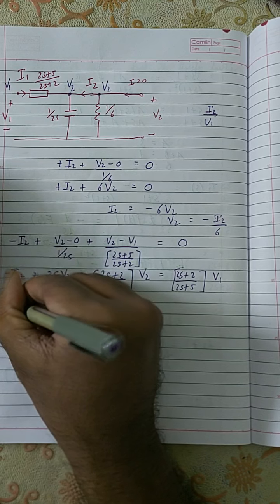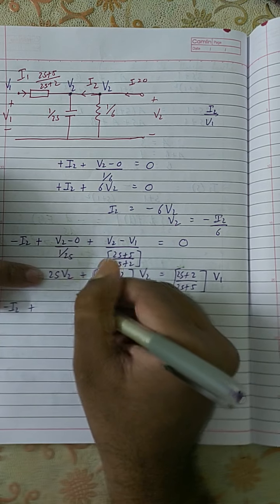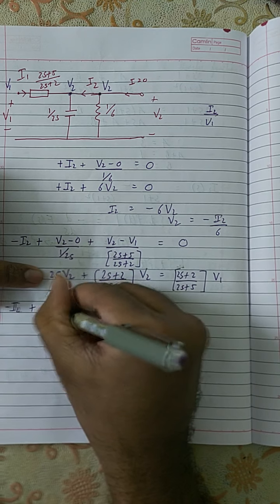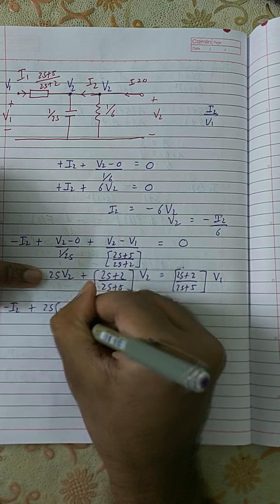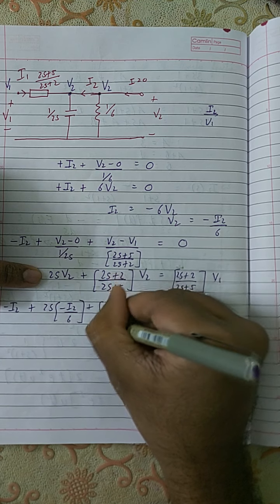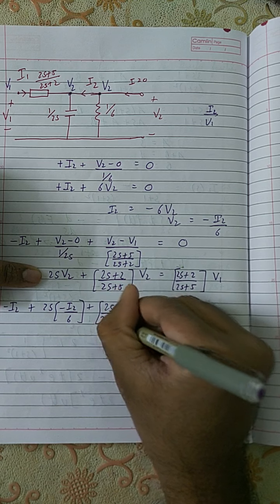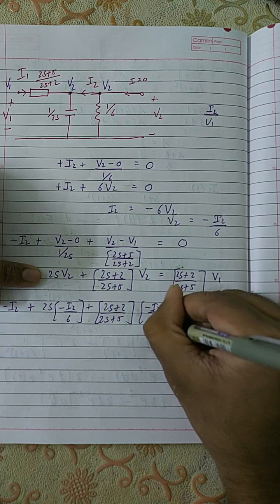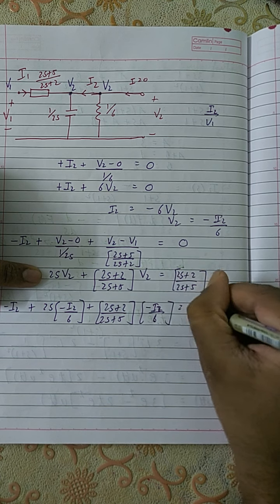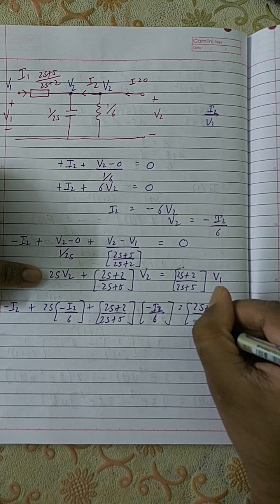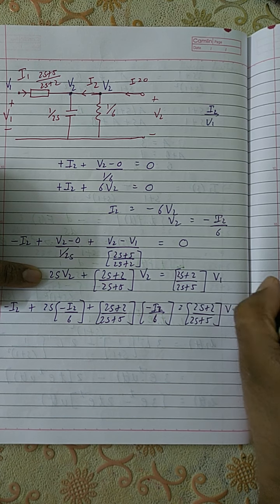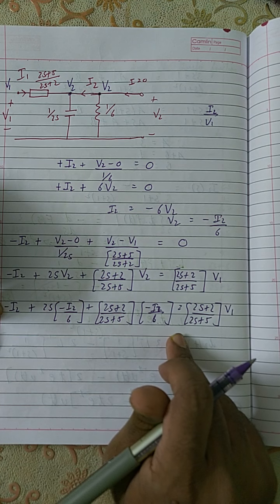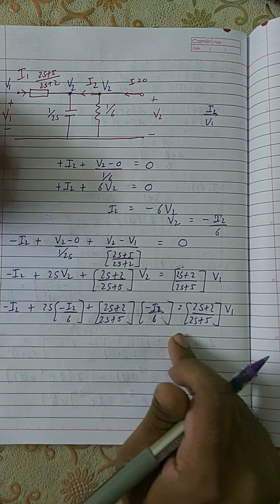So I will get minus I2 plus 2s into minus I2 by 6, plus 2s plus 2 by 2s plus 5, and this V2 can be written again as minus I2 by 6, is equal to 2s plus 2 by 2s plus 5 into V1. So you'll get over here as, what am I going to do?